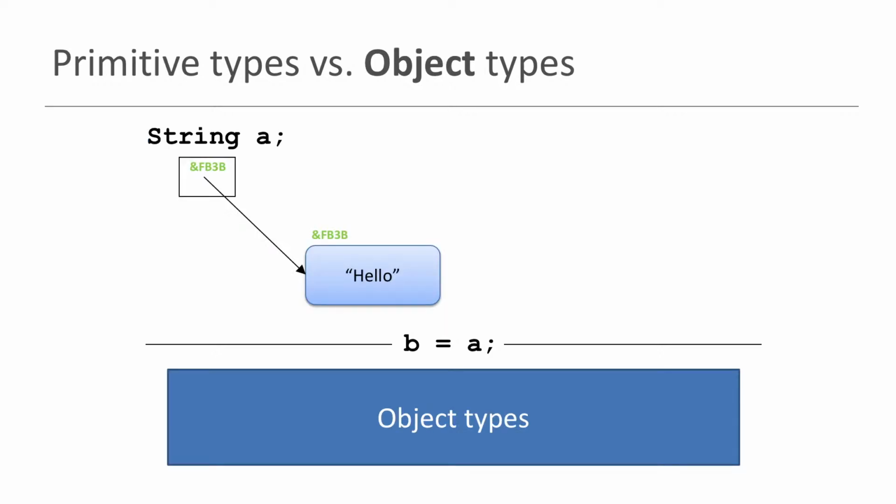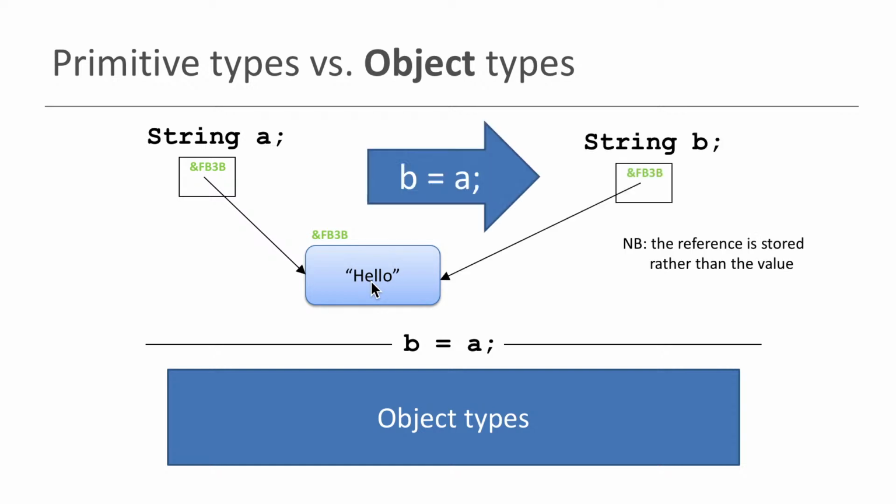When we look at object types though, things are a little bit different. So again, A is a string, so it's a string object. They don't store values, they store references. So here, A is storing a reference to where hello is stored in memory.